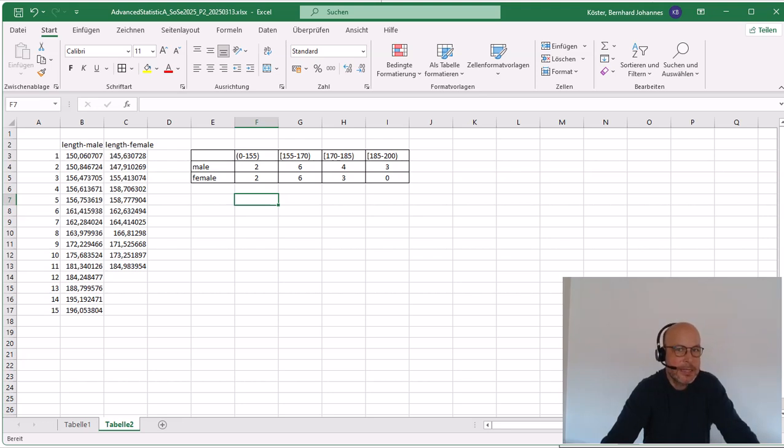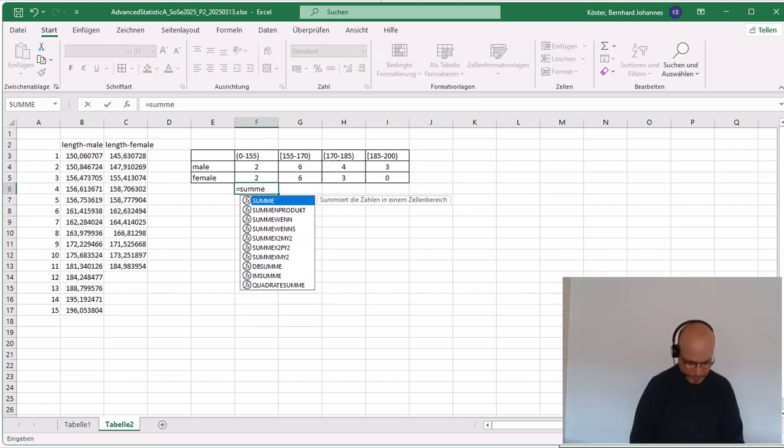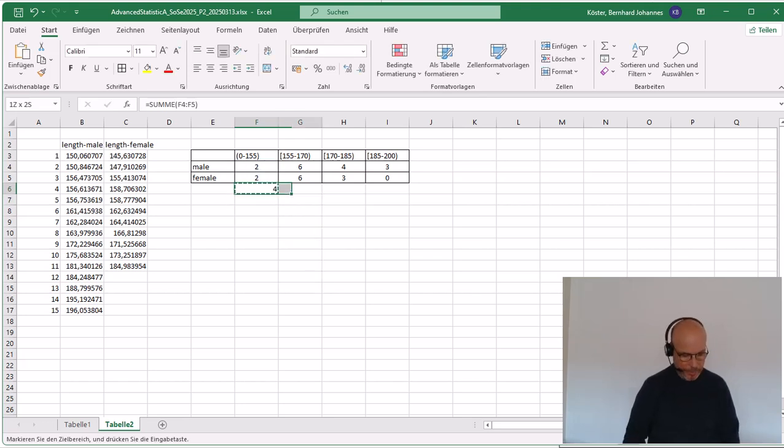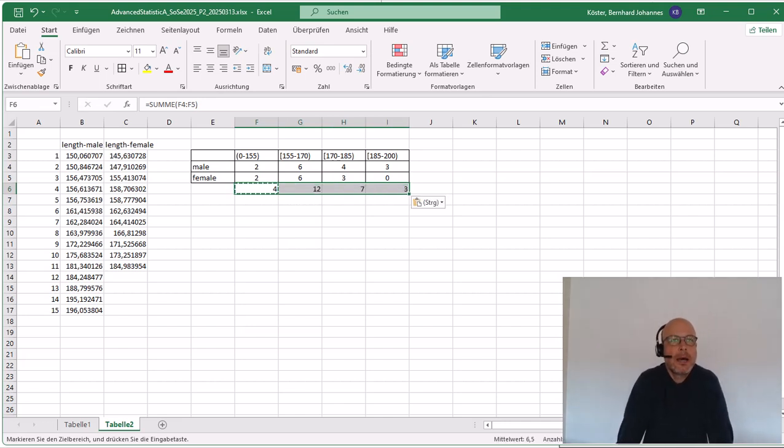So our 26 people in the interval 0 to 155 centimeters. And for this, we just sum up here our columns. And then of course, we want to know how many people out of our 26 overall people are male and female.